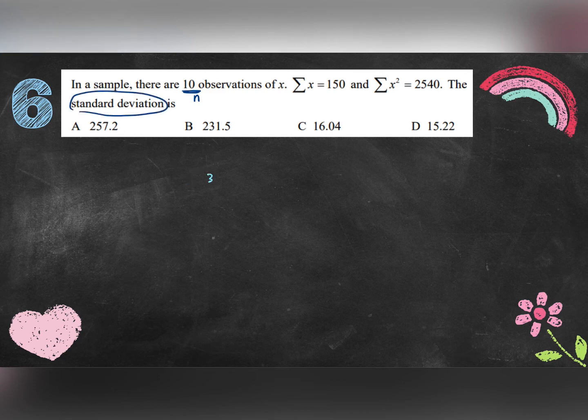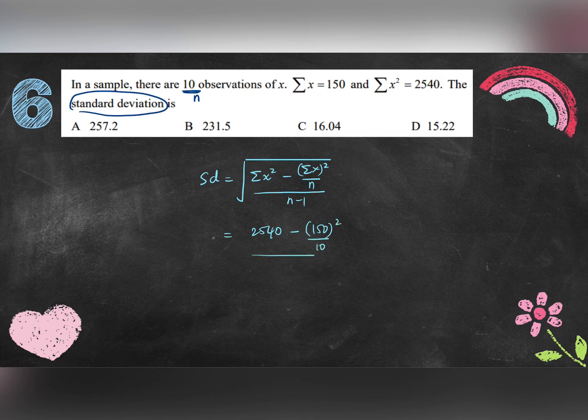SD will be equals to square root kepada summation X yang diskuarkan tolak summation of X yang diskuarkan over N, divided by N minus 1. Summation X square kita ada 2540 minuskan dengan summation of X is 150, perlu squarekan, N kita adalah 10, and then kita akan divided by 9.